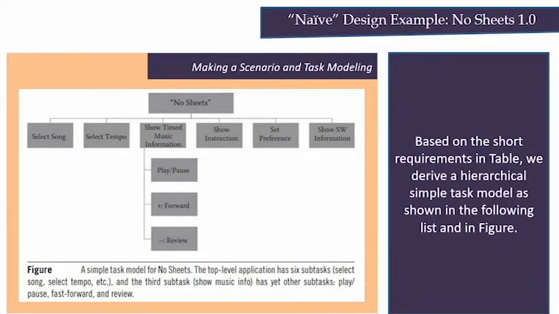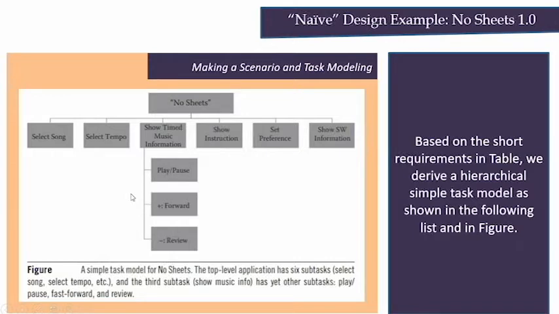After we have our requirements analysis and we are done with the user analysis, we have to make a scenario and task modeling. Based on the short requirements in the table, we derive a simple hierarchical task model as shown in the following list and figure. That is the scenario.